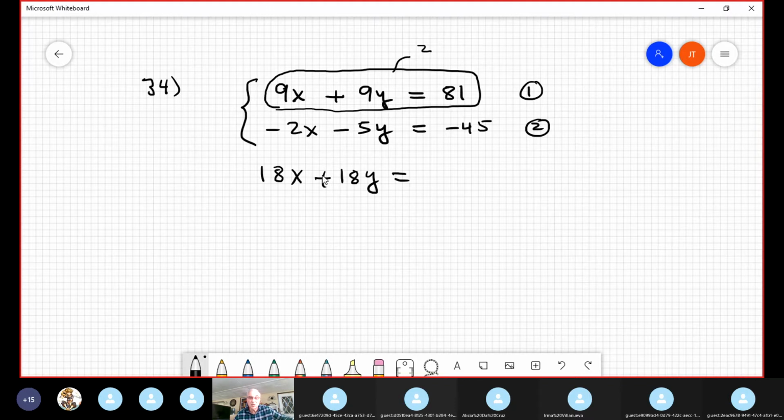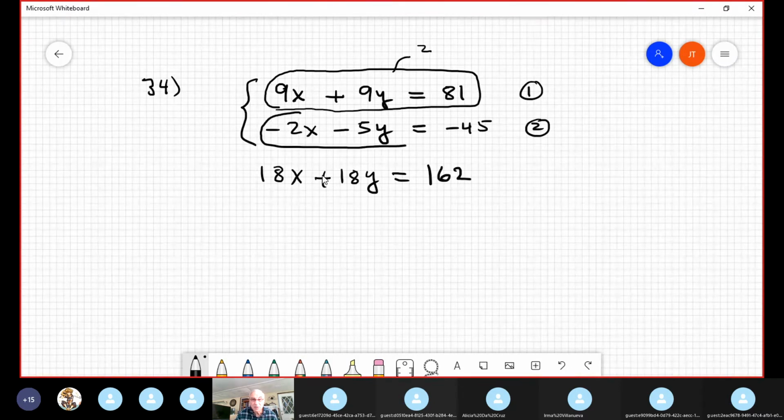Then the multiplication is 162. No, let me check it just in case. My calculator, 81 times 2, boom, boom, boom, 162. Okay, and this is my new equation 1, exactly the same, equivalent, no problem.